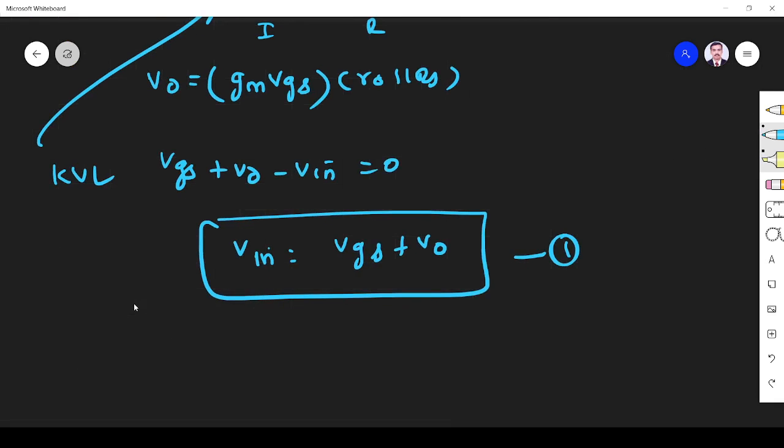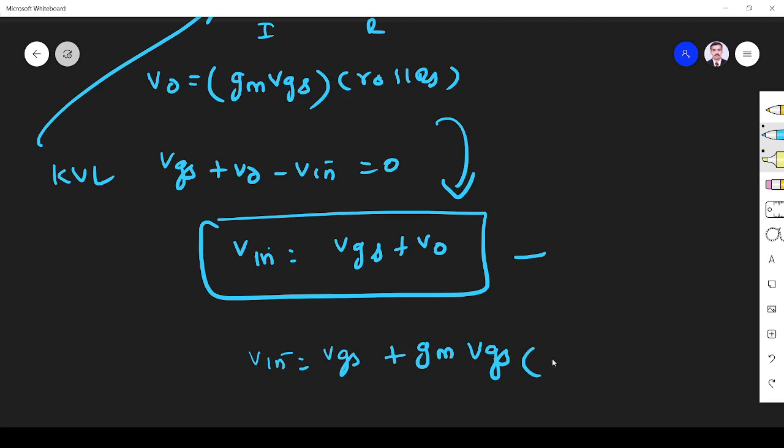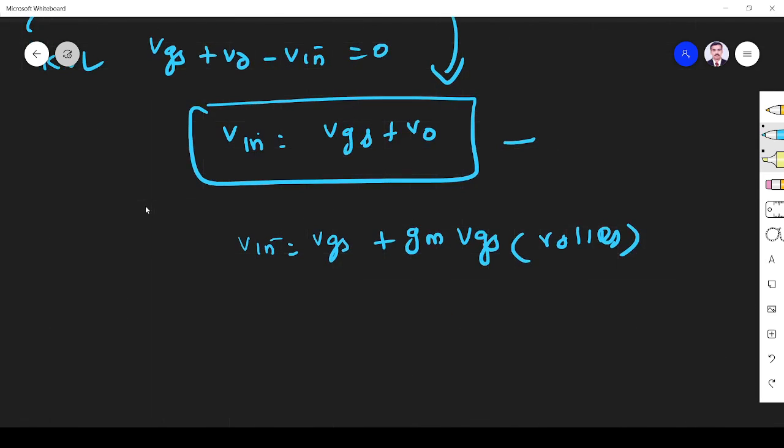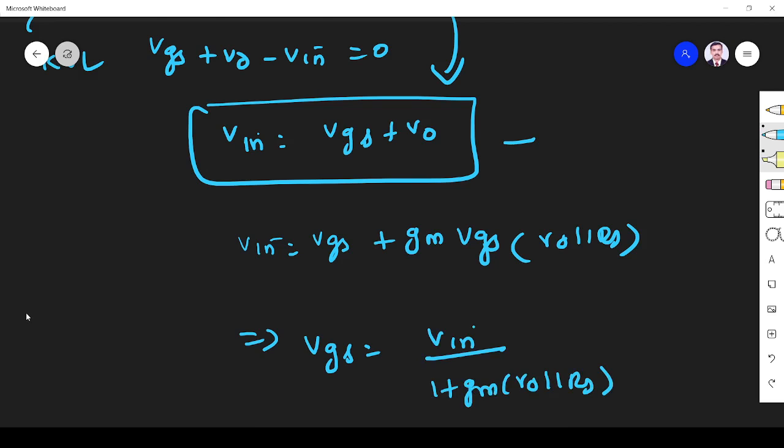Okay, let us simplify further. VO, we know this one. So Vn is equal to VGS plus, instead of VO, we substitute gm times (RO parallel RS). So if I simplify, VGS is equal to Vn divided by 1 plus gm (RO parallel RS).